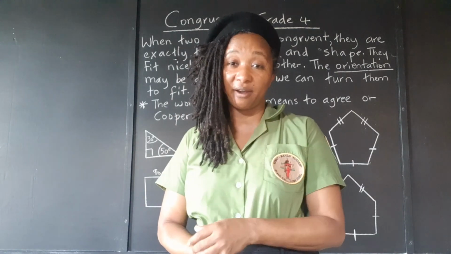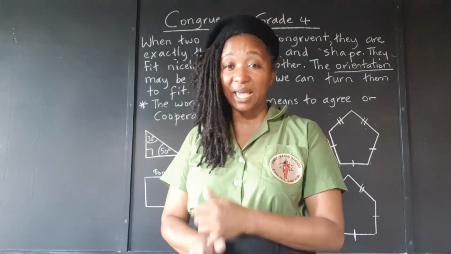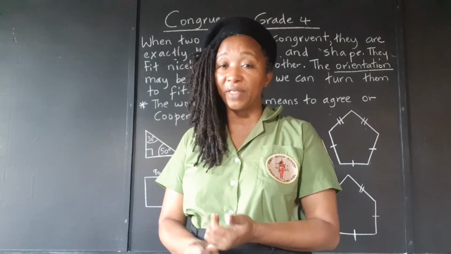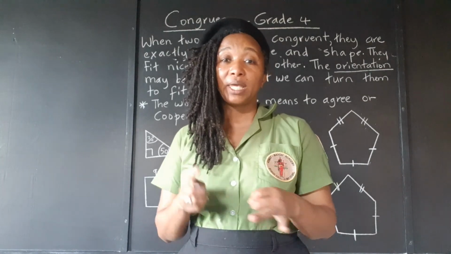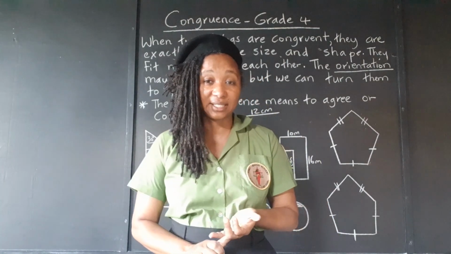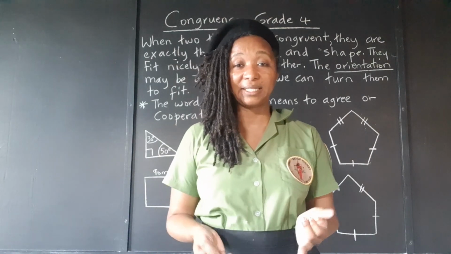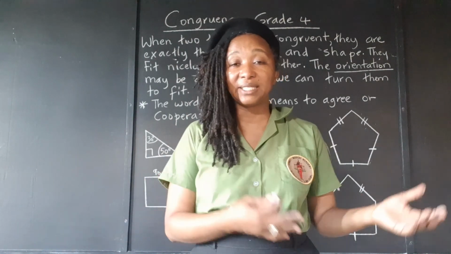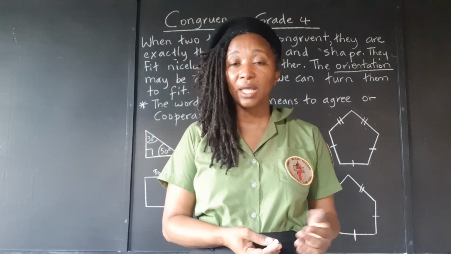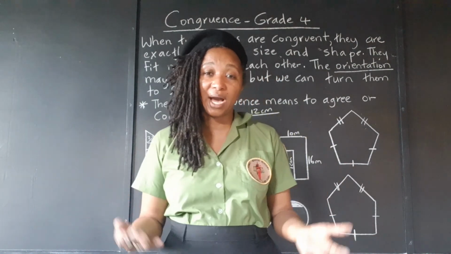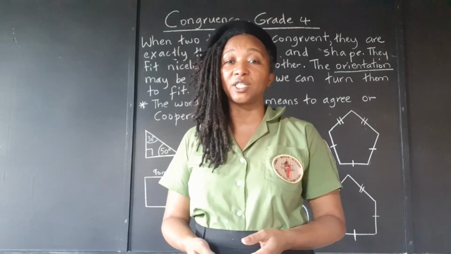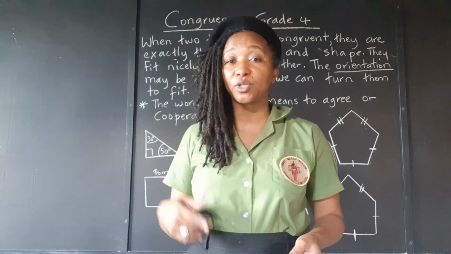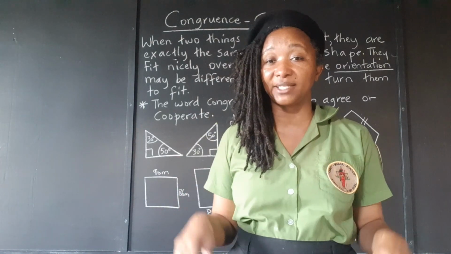Do they have the exact same value for the angles that are given? We can look at the lengths of the sides. Are the sides the same length in this object as in the other? If they are real objects that we have in our hands, we can actually fit them over each other and see if they do. And we're going to do a little activity like that right now.